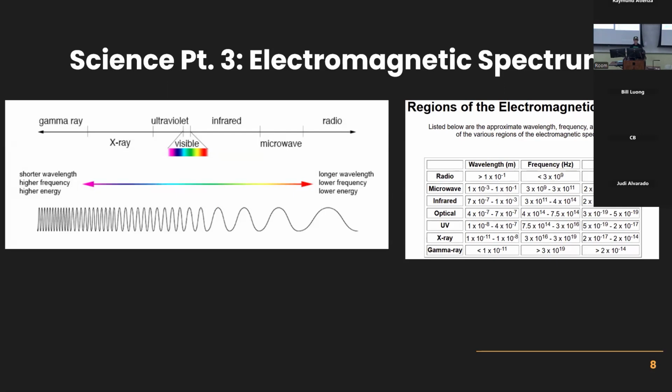You can see that for microwave, 3 times 10 to the 11th is 300 gigahertz, where I said the range was, and it fits right below infrared. And a visual demonstration at the bottom of the spectrum: frequency steadily increases as the wavelength gets shorter.